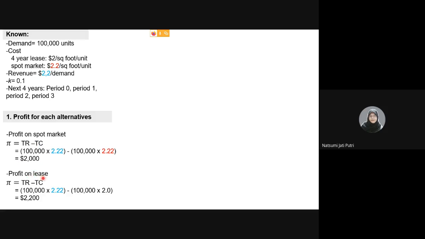And for the lease, the profit is the same, total revenue minus total cost: 100,000 units times the revenue, 2.22, minus 100,000 times 2, the cost, equals $2,200. And then next, we compute the NPV or net present value.